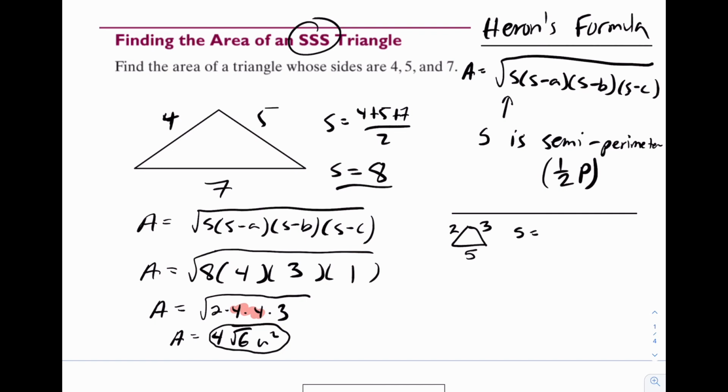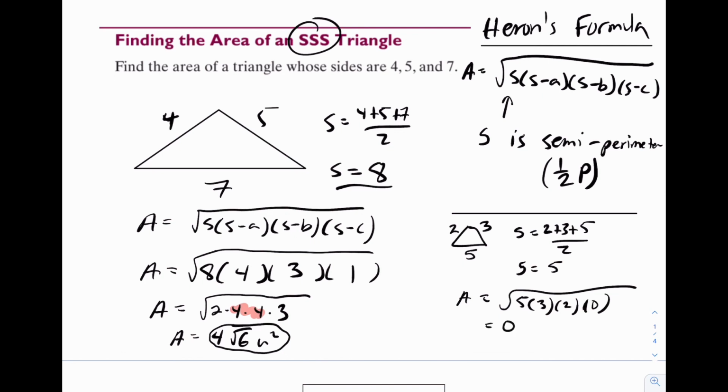So S is going to be 2 plus 3 plus 5 over 2. So S would equal 5. That's just 10 over 2. If we were to actually try this, area equals square root, that's 5. 5 minus 2 is 3. 5 minus 3 is 2. 5 minus 5 is 0. Notice how you get 0 here.